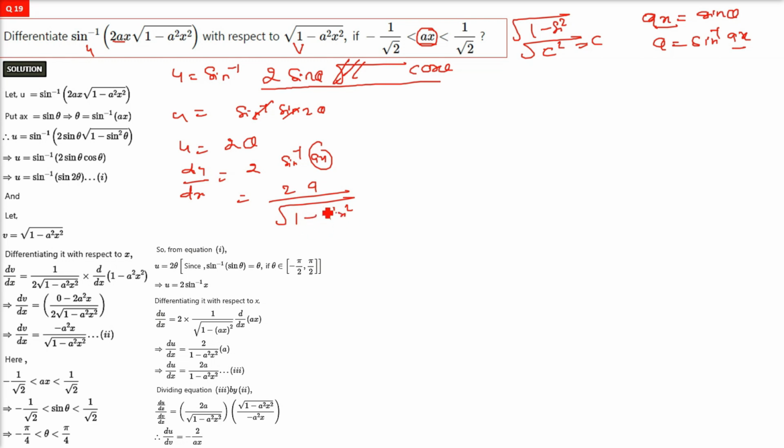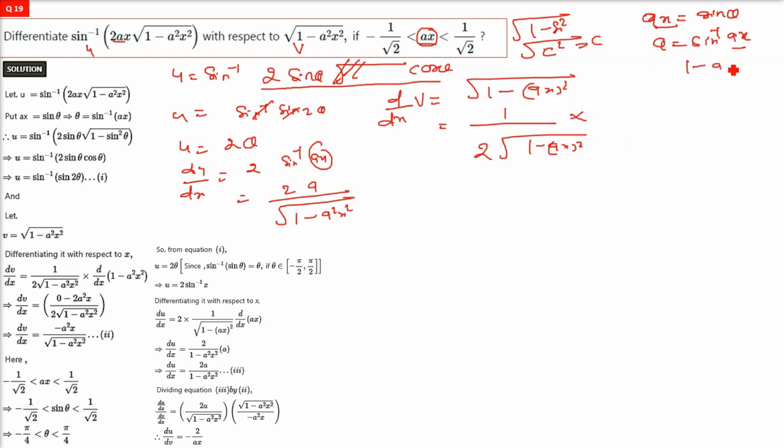Now let us see this dv by dx. And before that we need to check the range also, because it has to be between the valid boundaries when we cancel this sin inverse or cos inverse or tan inverse. So there is no point in replacing anything here. It is under root 1 minus ax whole square. So 1 by twice of this, d by dx, 1 by twice of 1 minus a square x square.